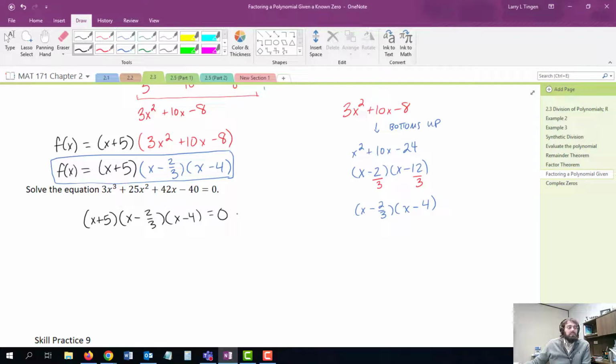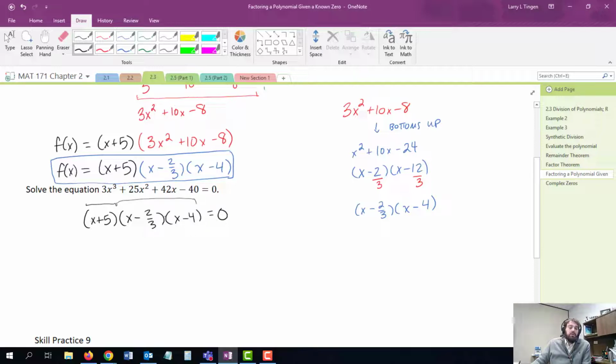If I'm multiplying stuff and the result is 0, then one of them has to be 0, or all of them are. So when I break this down, and technically you use the zero product principle twice here. You just say, we pretend like this is one thing, and then this whole is one thing.